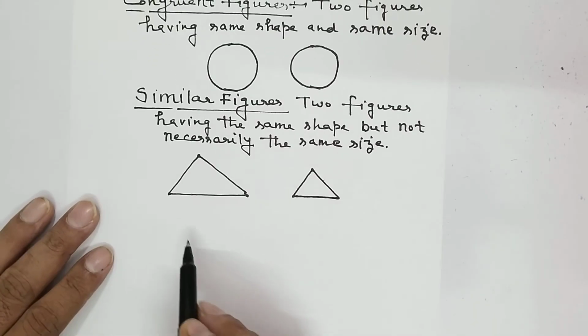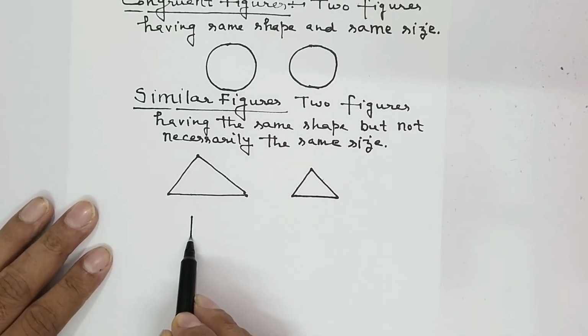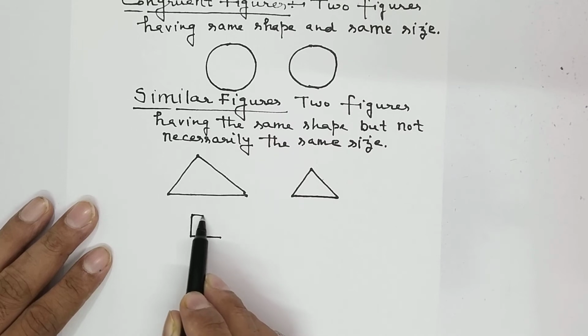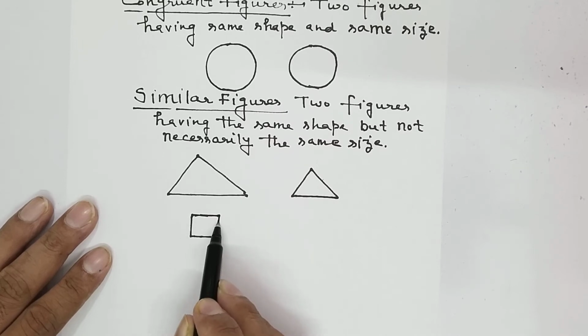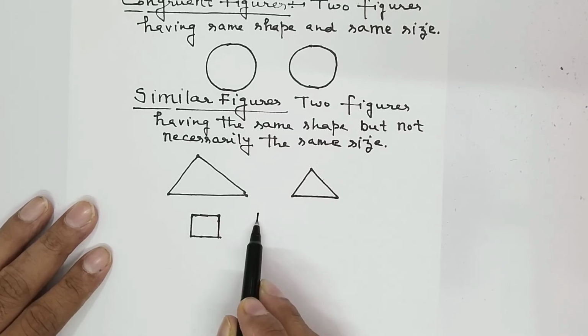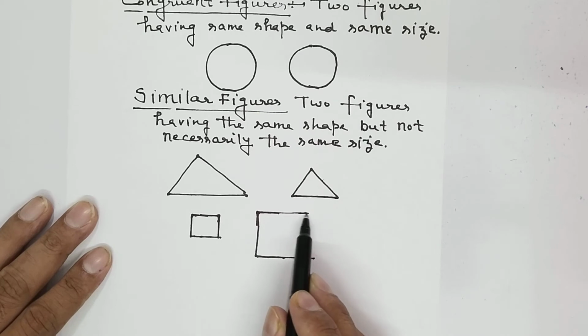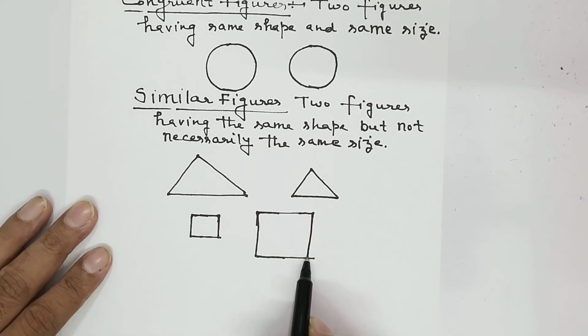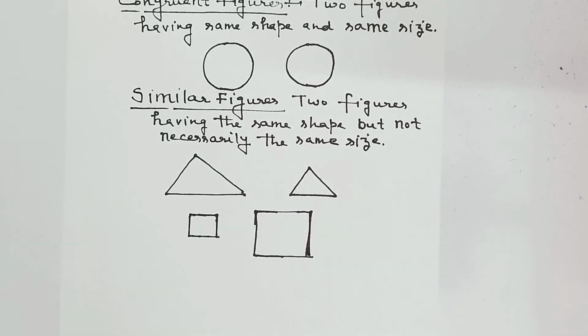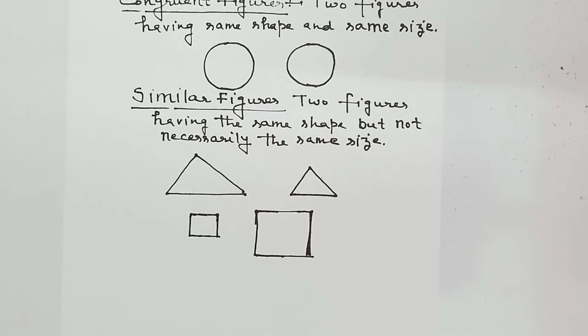I take another square and I take another big square. So these both squares are similar because they have the same shape but not necessarily the same size.